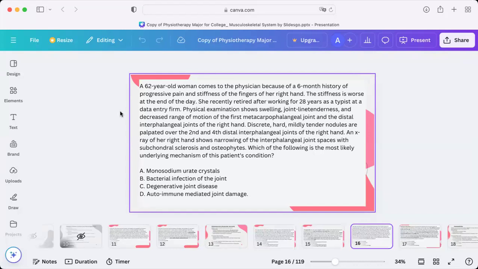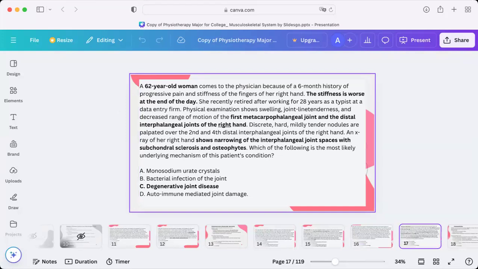So it could be based on the location. Whoever's saying unilateral and bilateral, that's correct. Osteoarthritis, we'd see it more in a unilateral picture. We see it in the DIP and we see it in the metacarpophalangeal joint. Whereas rheumatoid arthritis is going to be in the PIP and mainly it's going to be bilateral. So good job, guys. This is C.